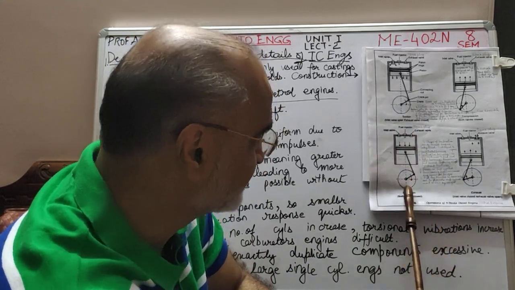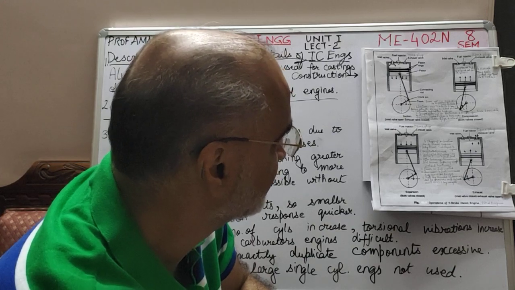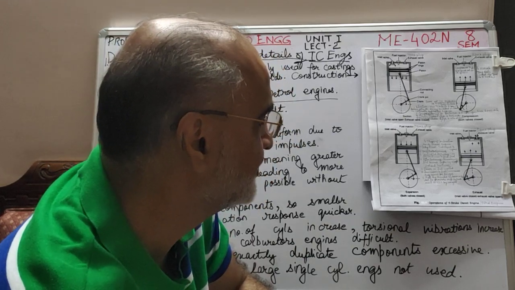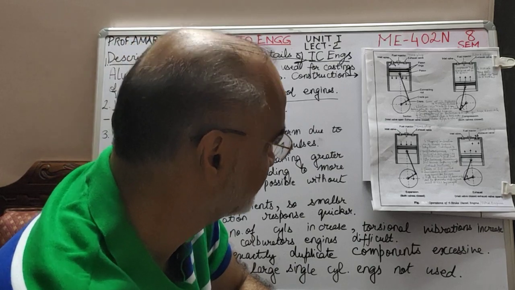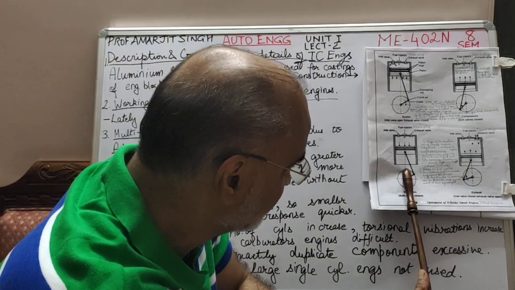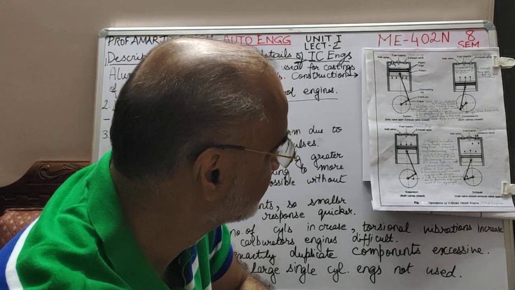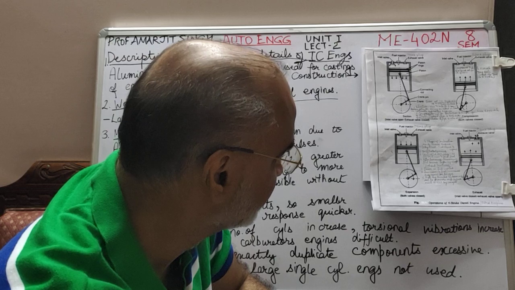In the power stroke or expansion stroke, the cylinder pressure falls to around 400 kilopascals, that is from this point again to this point, after 180 to 270 degrees.